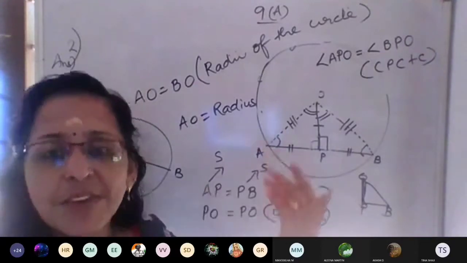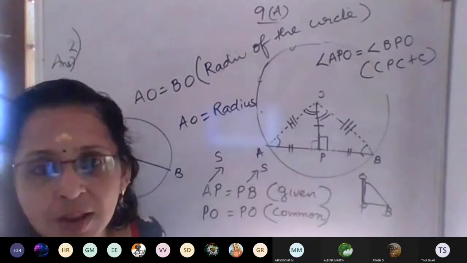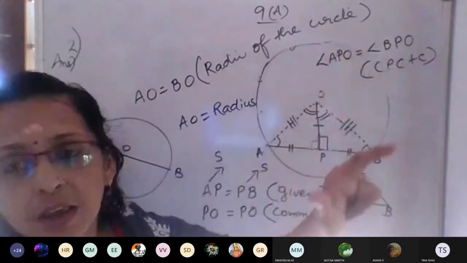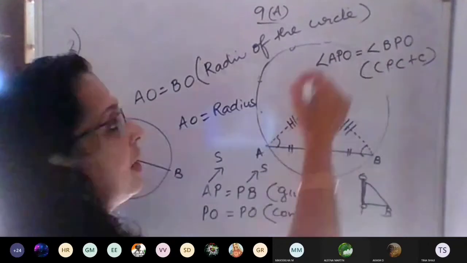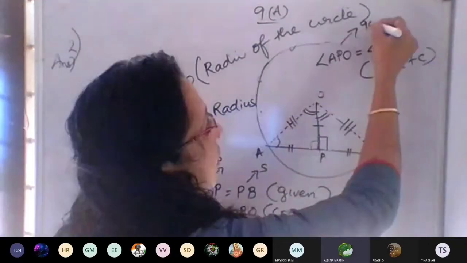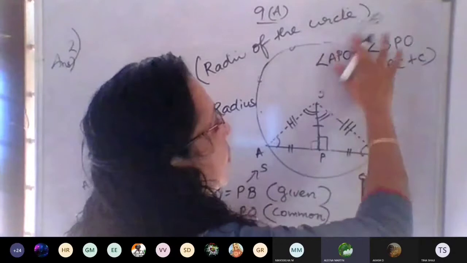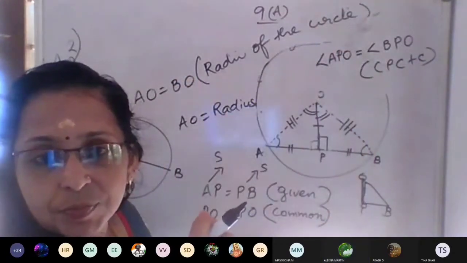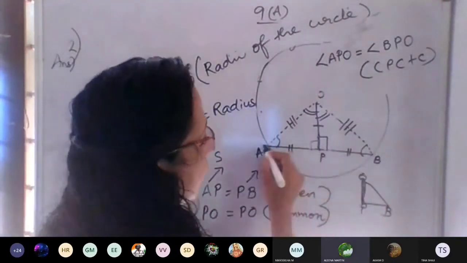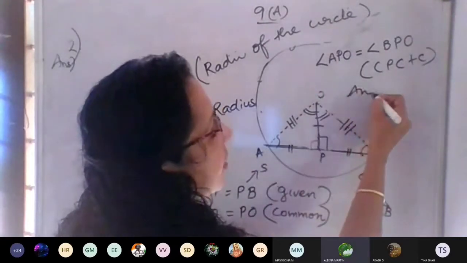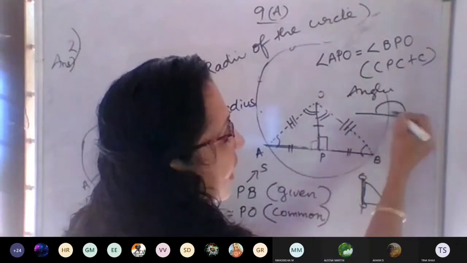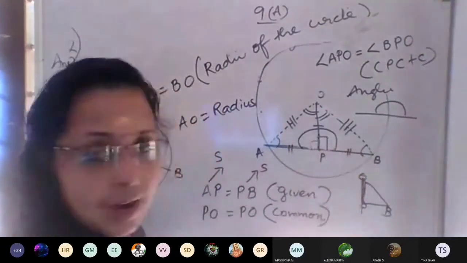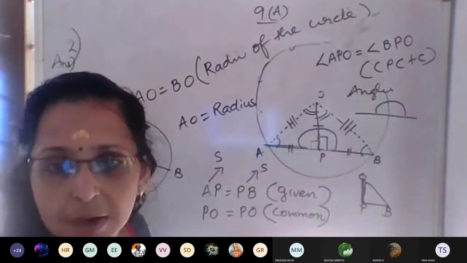How can we say perpendicular? Two angles are equal, but for perpendicular that angle should be 90 degrees. We don't know that yet; we only have that the angles are equal. But we should find out that the angle is 90 degrees. How? It is a straight line. Angles in a straight line total 180 degrees.